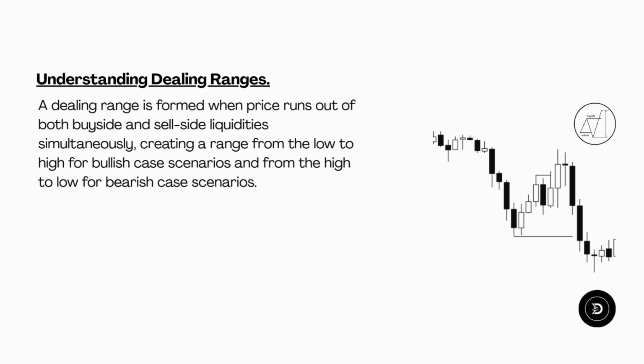Okay, so understanding daily ranges is also a very crucial matter to spotting the right reversals. A daily range is formed when price runs out both buy side and sell side liquidities simultaneously, creating a range from the low to the high for bullish case scenarios and from the high to the low for bearish case scenarios. On your right is an image depicting what I just said in a clearer form.